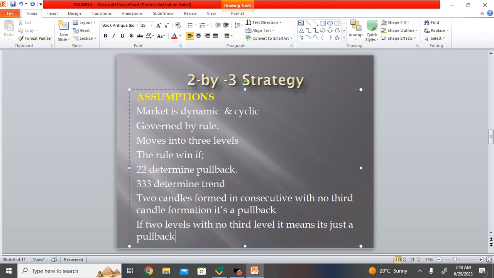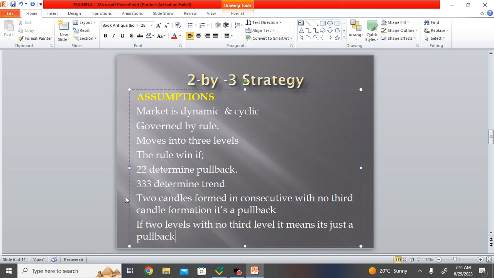So if we expect the real trend to have three levels, but now it's only two levels, that means it's not a real trend, it's a fake trend.